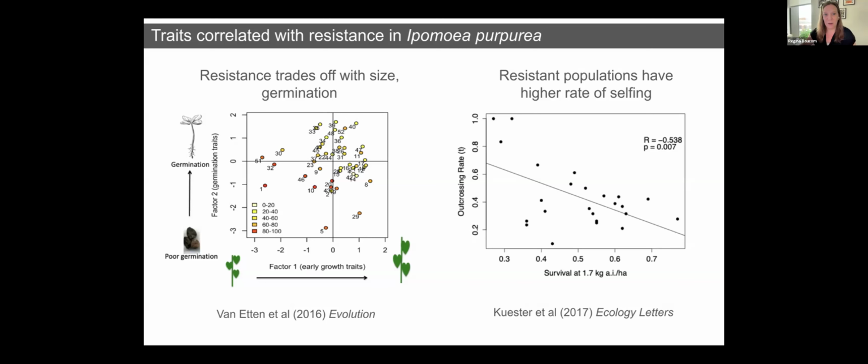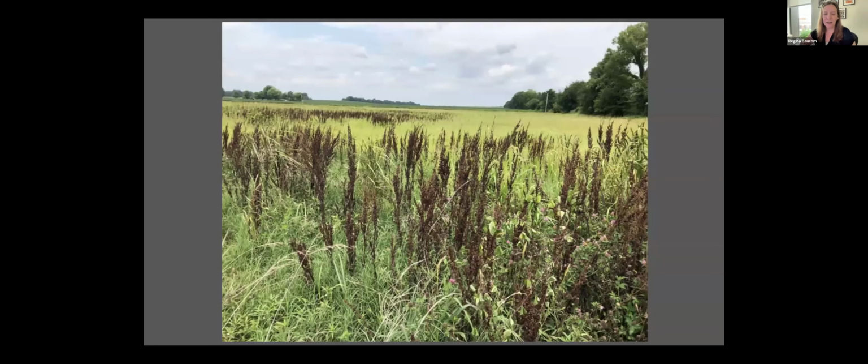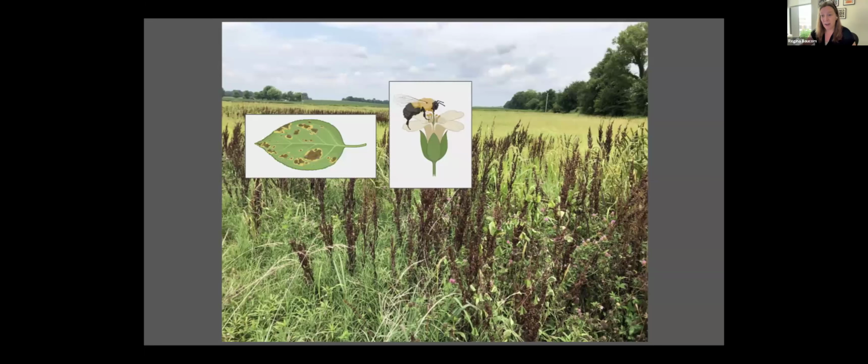And we found these traits to be interesting because a weedy species, a population of a weed, is existing in a matrix of a community, right? So there are other weedy plant species that they're interacting with. The plants are interacting with diseases, they're interacting with pollinators, and they're interacting with herbivores, to just name a few types of community interactions.